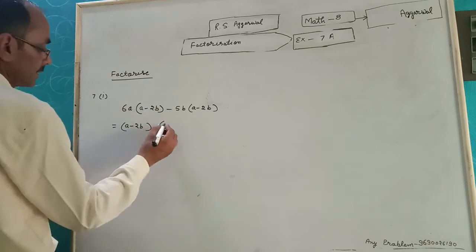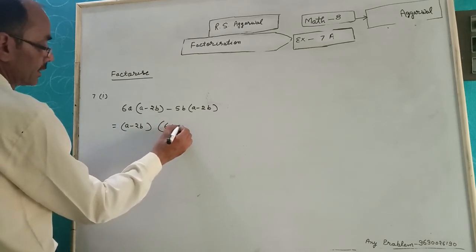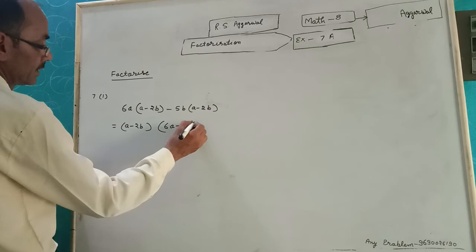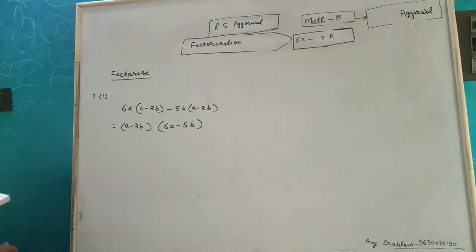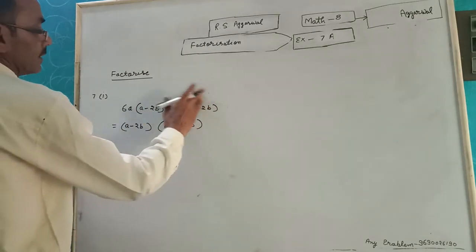After common, remain 6a minus 5b from the second term.